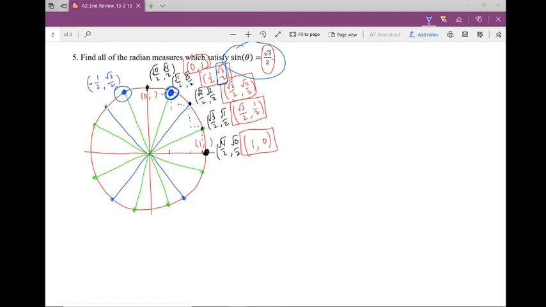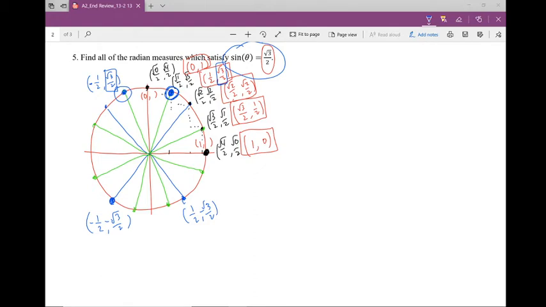The only difference is that the x is negative since it's on the negative x-axis. So this gets repeated. And you might notice that those same values get repeated here, where this is also 1 over 2, square root 3 over 2, where here they're both negative and here the y is negative.